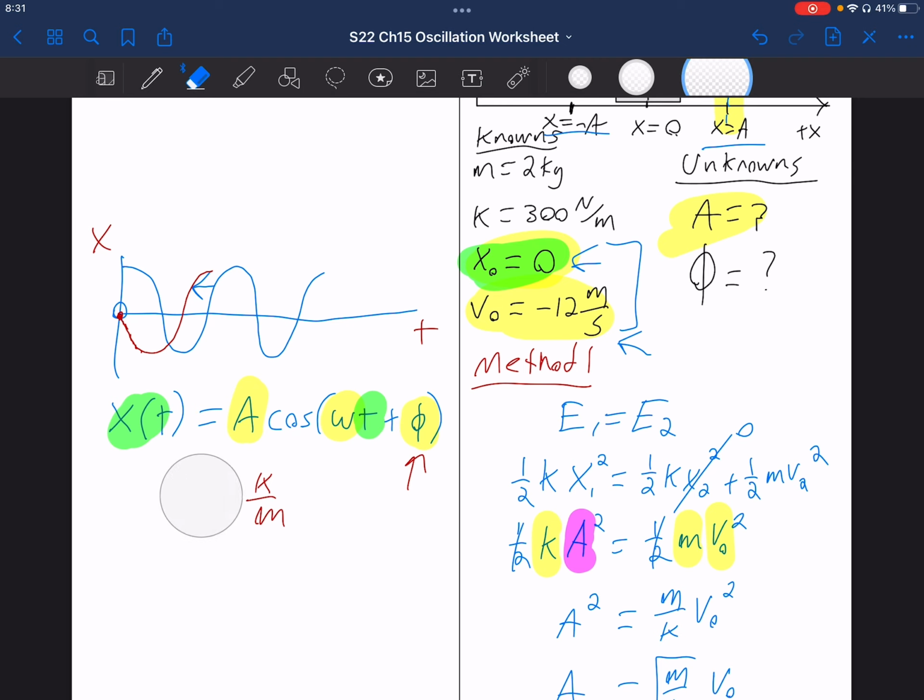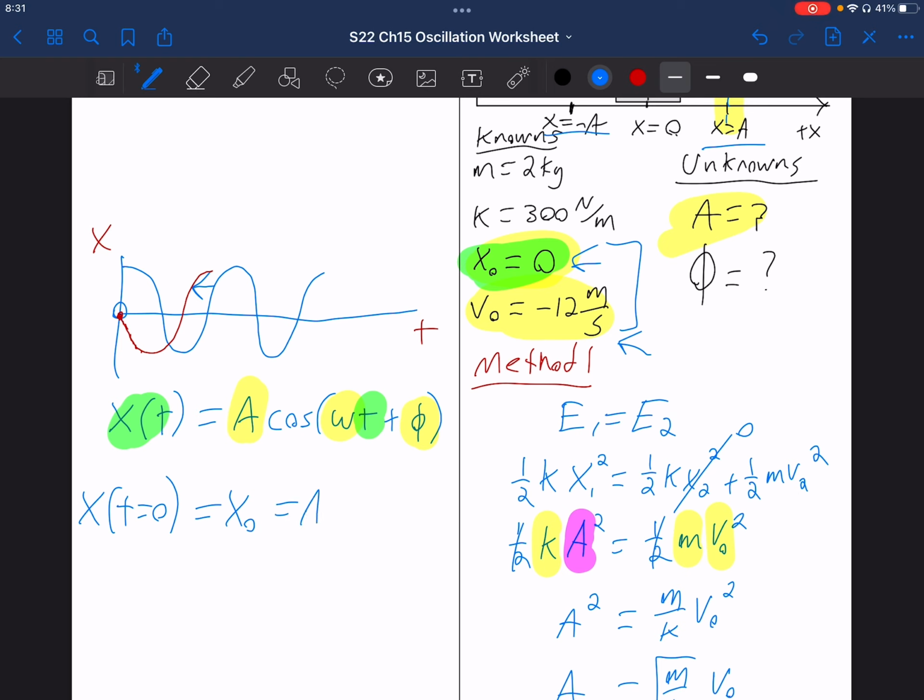So we know that at time equals 0, we know the position, it's x naught, and that's equal to A cosine of omega times 0, right? t is 0, plus phi. And so plugging in what we have for x naught, that's just 0, is equal to A cosine of phi.